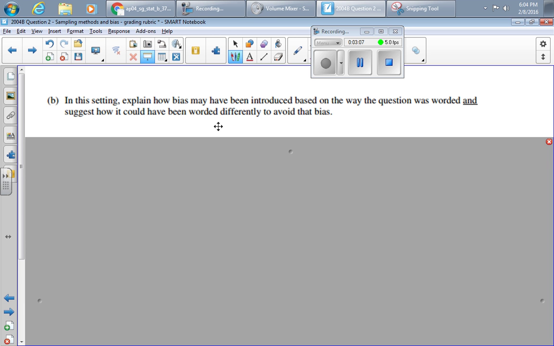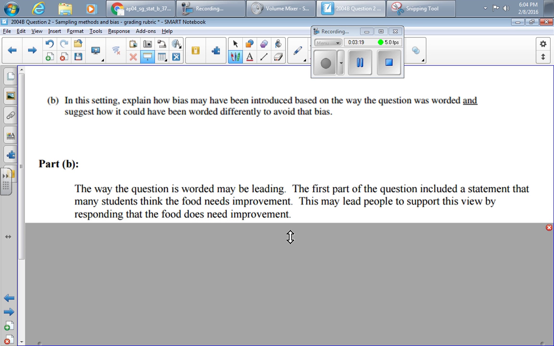Next, it said explain how the bias may have been introduced by the way the question was worded, and suggest how we could word it differently to avoid that bias. So here's a good solution. The way the question is worded may be misleading. The first part includes a statement that many students think it needs improvement. This may lead people to support the view by responding that the food does in fact need improvement.